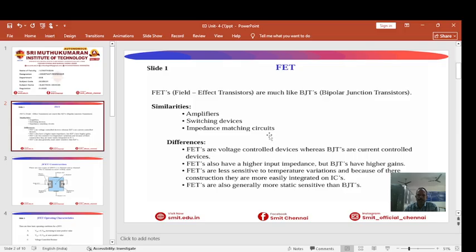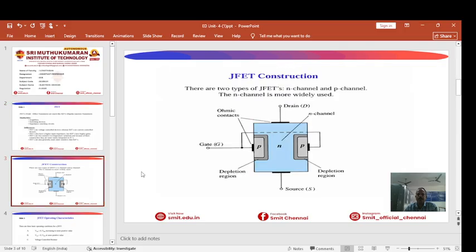FETs are generally more static sensitive than BJTs. FETs occupy much less space and consume much less power compared with BJT. So these are the major differences that we can have.